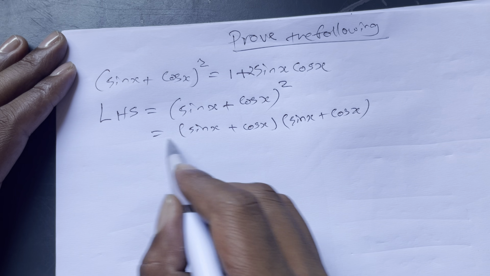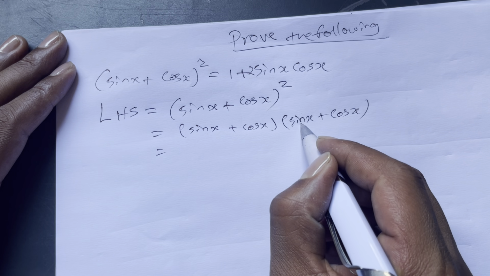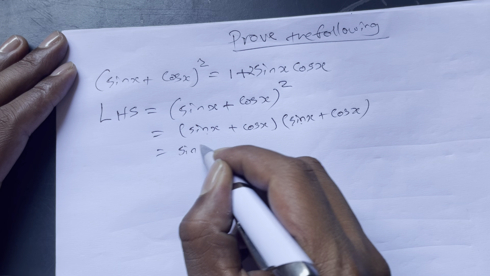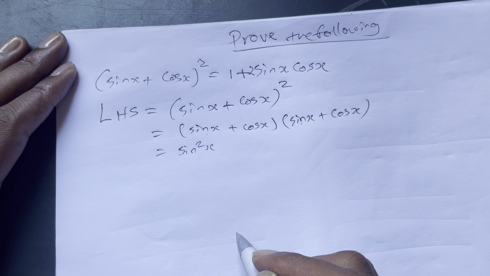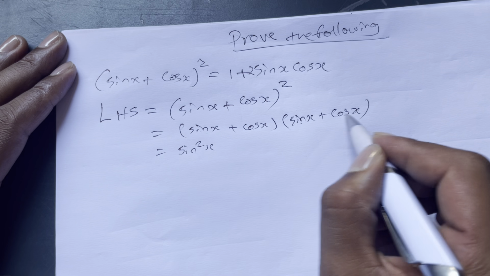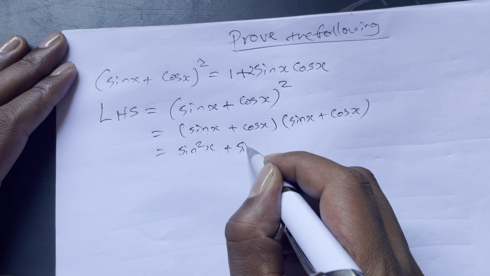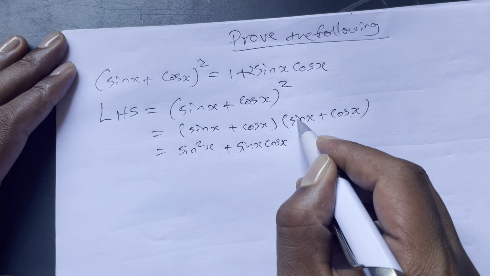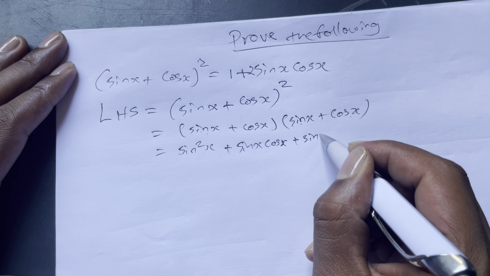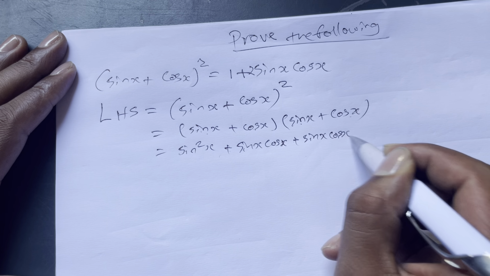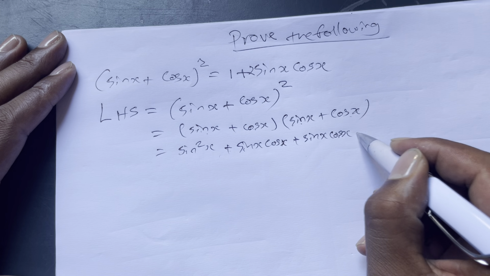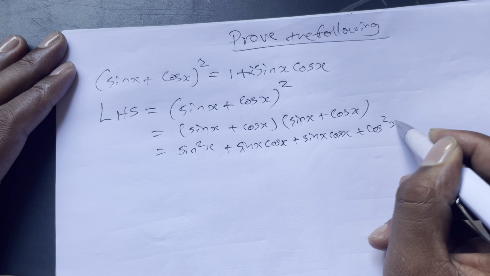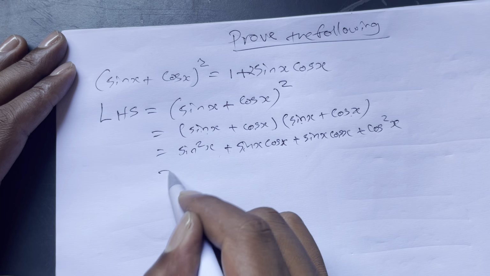Okay, now sine x times sine x is sine squared x. Sine x times cos x is sine x cos x. Cos x times sine x is sine x cos x. Cos x times cos x is cos squared x. Now look at this one.